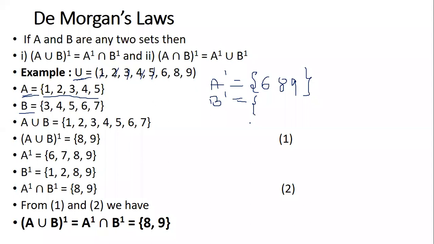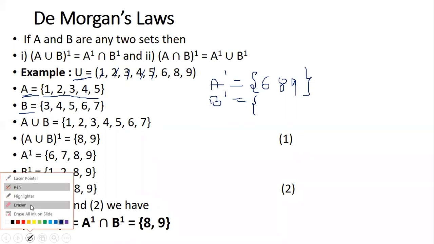Going further, can you say what I should write in B complement? Leave out the common elements and take the other elements.